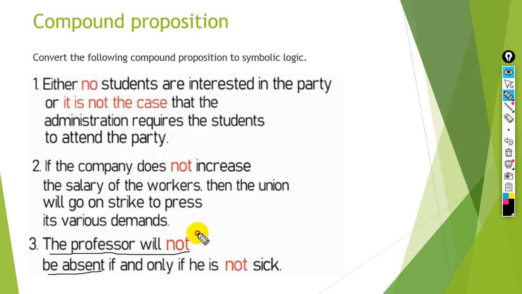So this is the first proposition A. If and only if, so this is a symbol that we have, triple bar. He is not sick. So this is B for example, but here we also have the not and here we also have the not. So we can say that this will be tilde A triple bar tilde B.